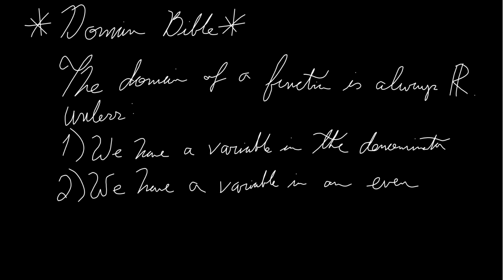Even indexed, and that is... I promise my handwriting is way better, but I take a lot of pride in my handwriting. This is just awful. But we have a variable and an even indexed radical. Okay, and we'll see examples of that coming up.